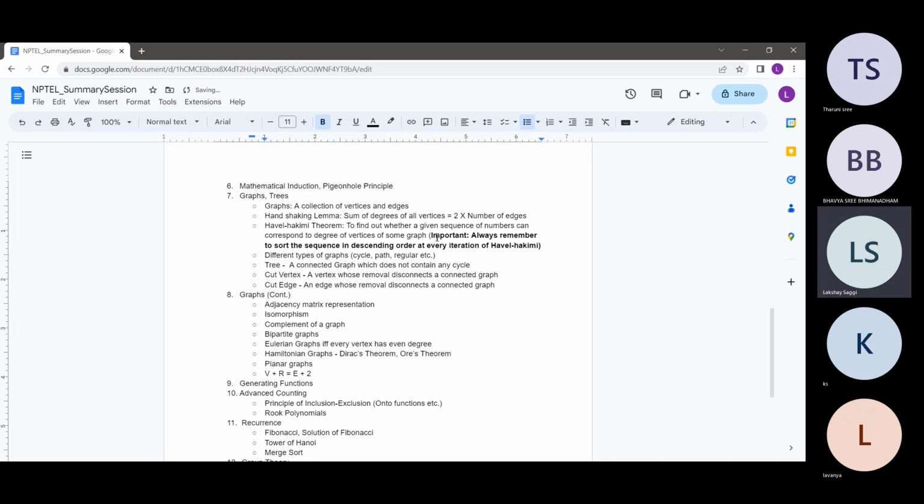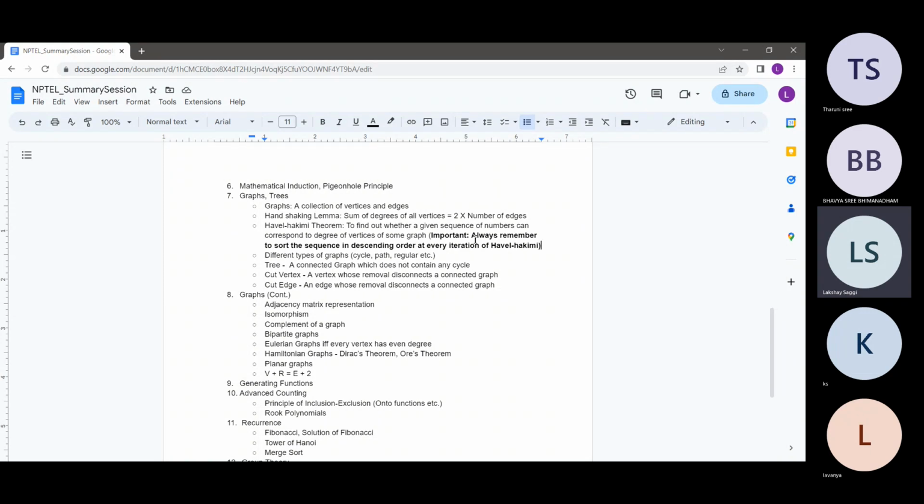I have been stressing this a lot because a lot of people forget about this, believe me. In Havel-Hakimi, what we do is first sort the sequence in descending order, then we subtract one from some of the numbers, and then we repeat this process again. Note that you have to sort the sequence in descending order at every iteration, not just the first iteration.